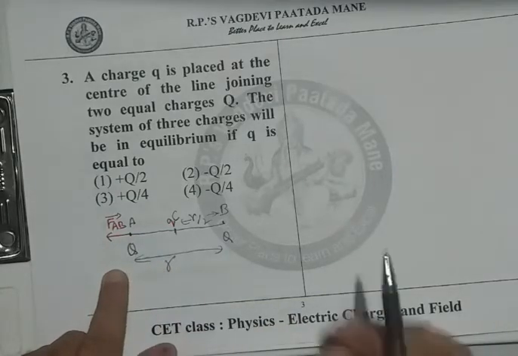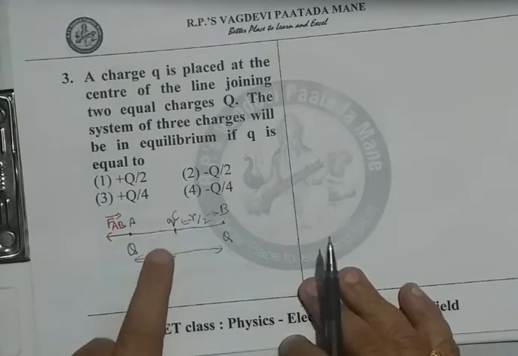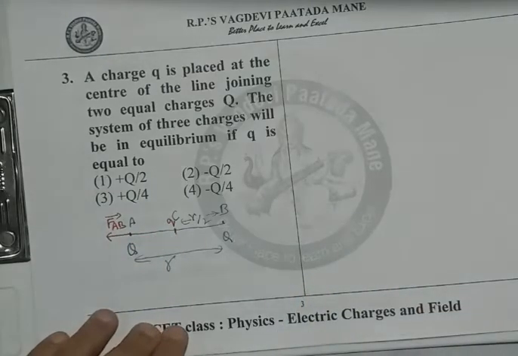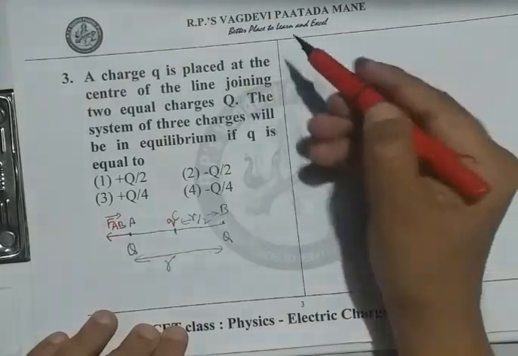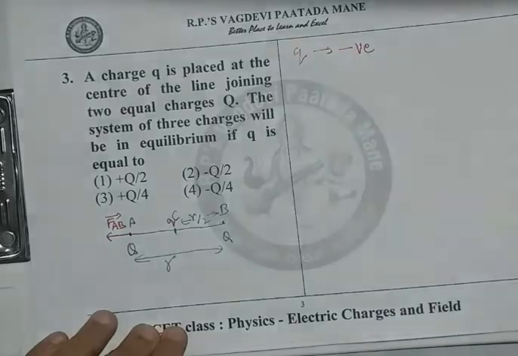Therefore, to create an opposite force to FAB, q should be negative. The sign of q is negative.